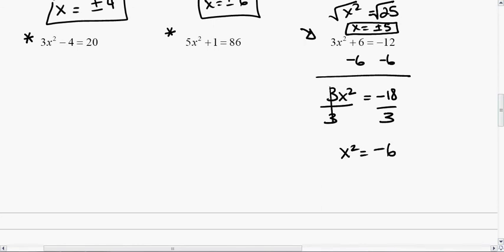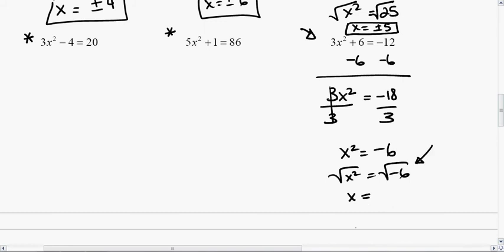All right, you may already see the problem with this problem. If not, let's just keep going and maybe you'll figure out why I'm concerned. Take the square root on both sides. Square root of x squared is just x, but then look at the right.